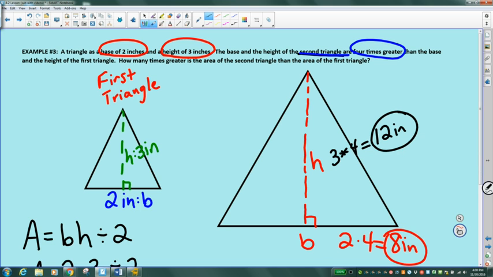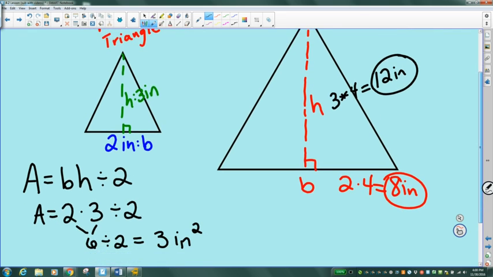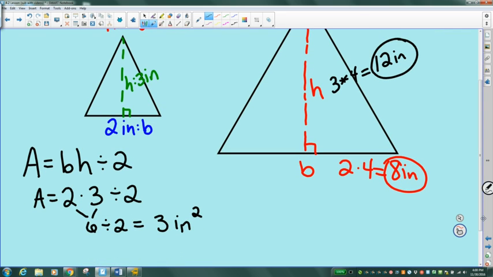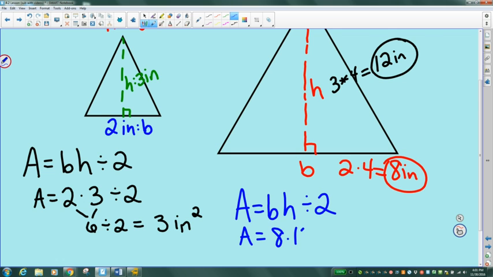So I use that information for my triangles. And now I have to find the area of this second triangle. I'm going to start by using the formula. A equals base times height divided by 2, where A equals 8 times 12 divided by 2.